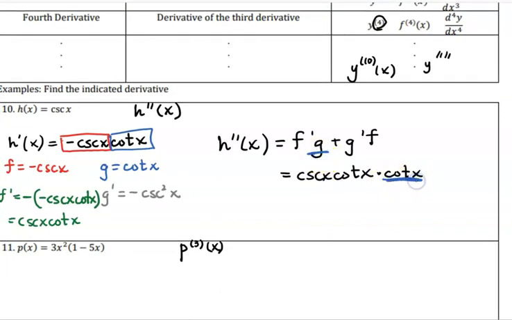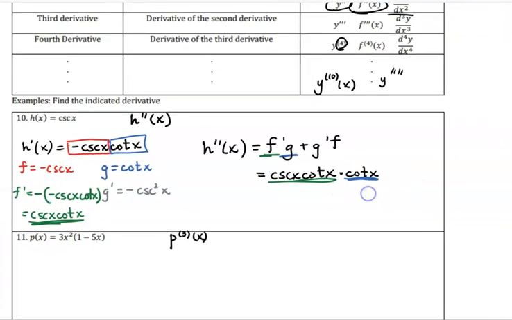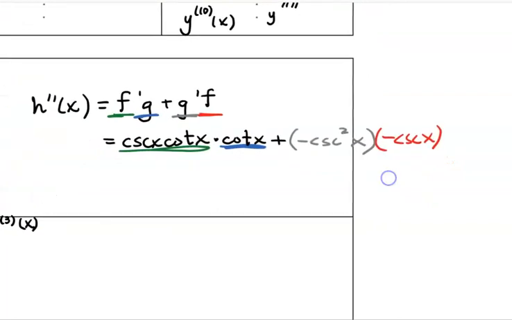And then to that we are adding g prime, which is negative cosecant squared x, I'll just stick that in parentheses there, multiplied by f, which is negative cosecant x.